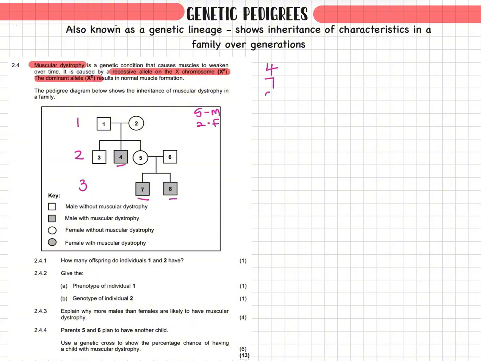And 4, 7, and 8, they are the males with muscular dystrophy, which means that they will have the recessive allele on their X chromosome. Number 5 and 6, on the other hand, are normal. There is a normal female and a normal male.